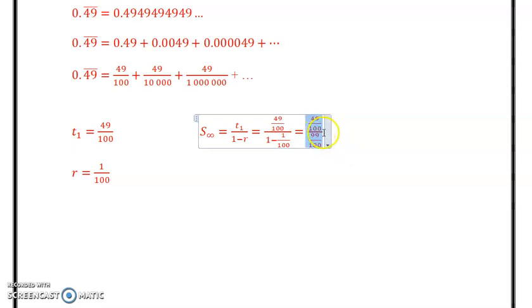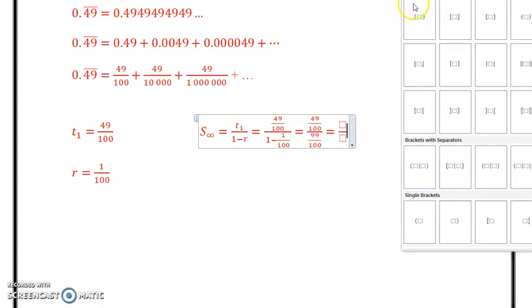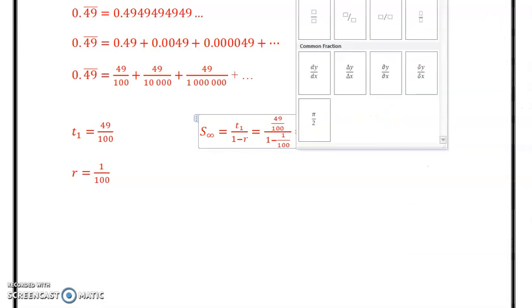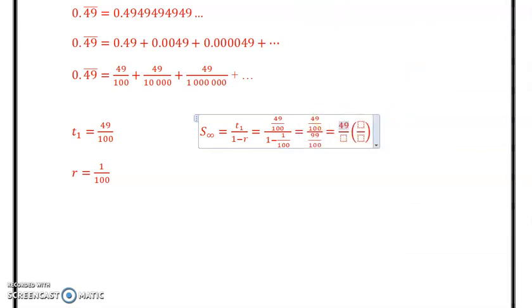And for those of you that watched the last video, we multiply by the reciprocal. Insert your brackets. We get 49 over 100, and we multiply by the reciprocal, so that becomes 100 over 99, which equals 49. 100 divided by 100 gives us 49 over 99.